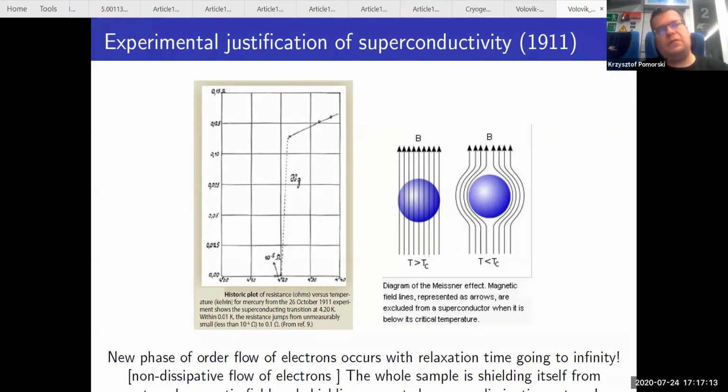In case of superfluids, the situation is a bit better than in case of superconductors, because a helium-3 atom is neutral from an electrical point of view.